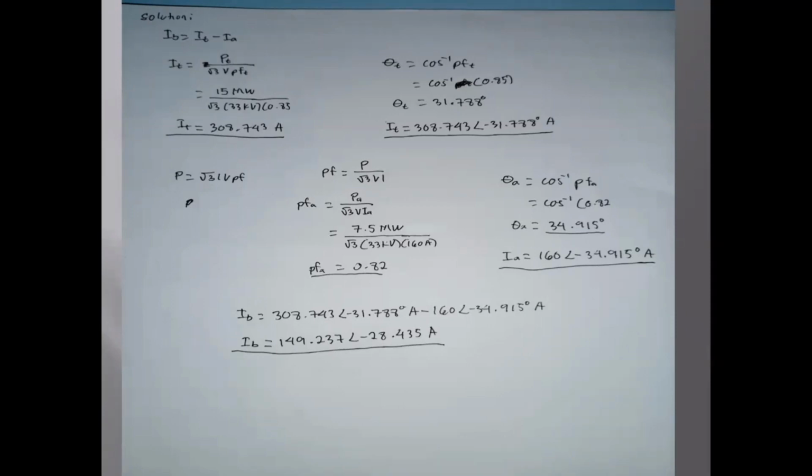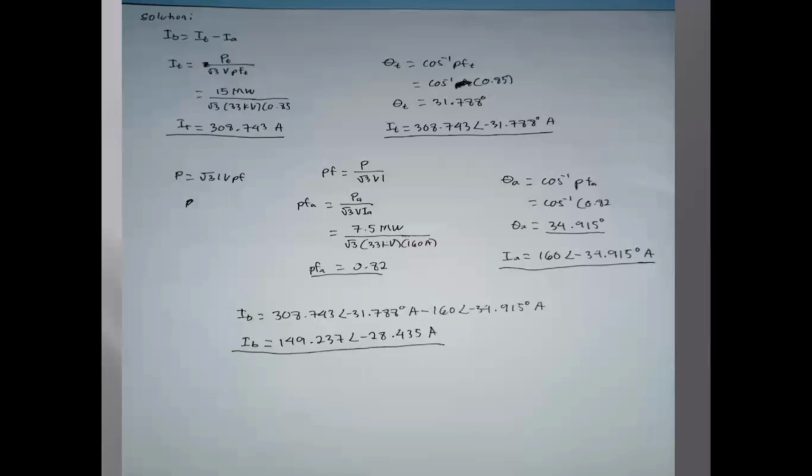So IT is 308.743 ampere. Now for theta, the power factor is 0.85, so the inverse cosine of 0.85 gives theta T equal to 31.788 degrees.